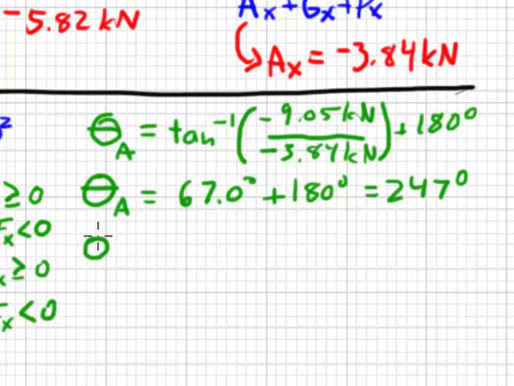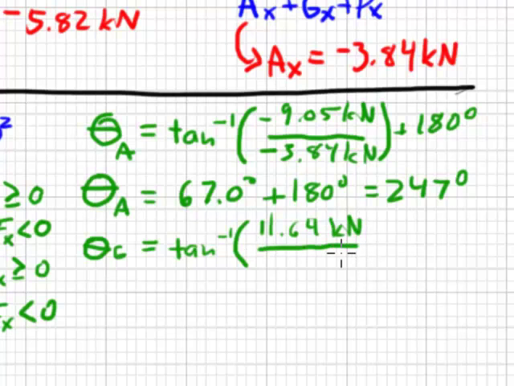Our angle for the reaction at G is similarly calculated. Take the inverse tangent of 11.64 kilonewtons over negative 5.82 kilonewtons, and because our x component is negative, we add 180 degrees again.